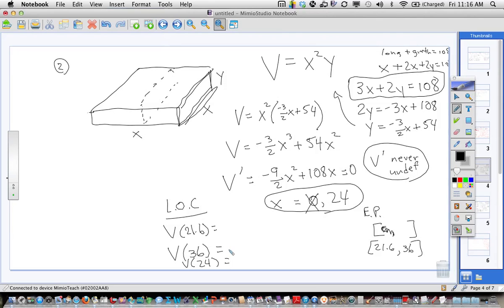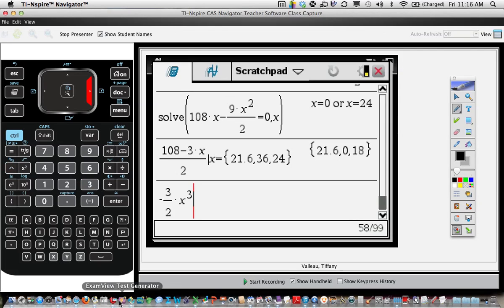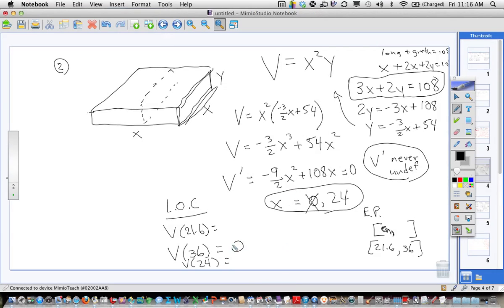It's this one here, negative 3 halves x cubed plus 54. Okay, so this one I'm pretty sure 36 can come out 0.